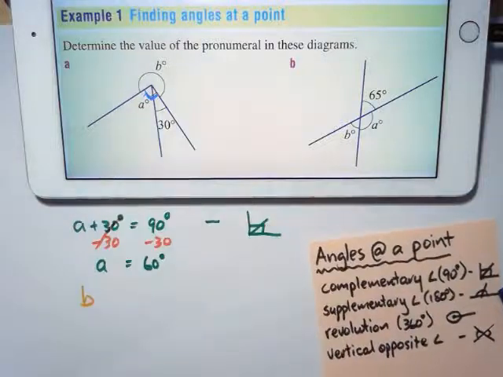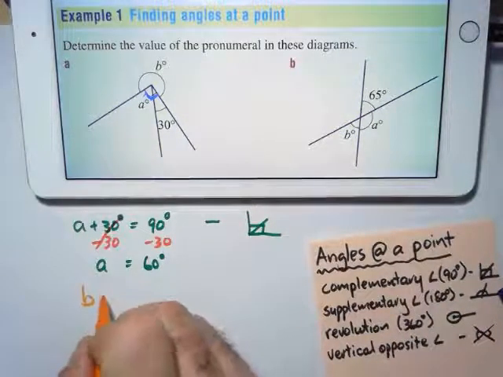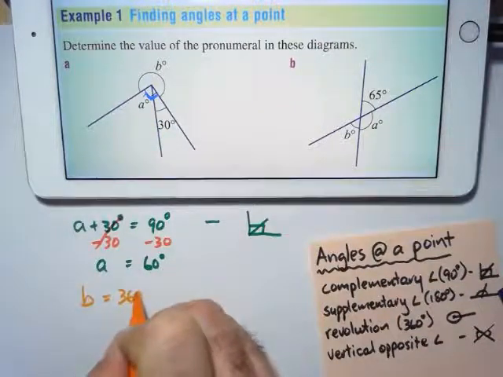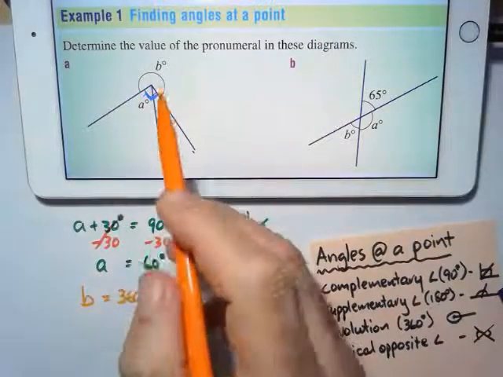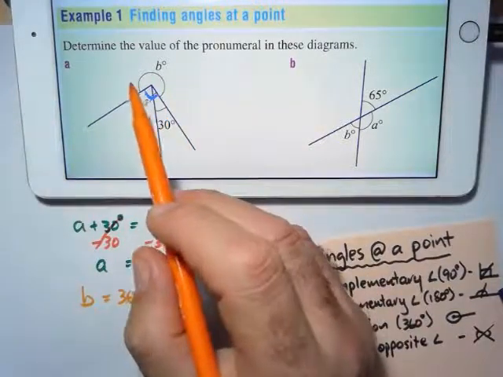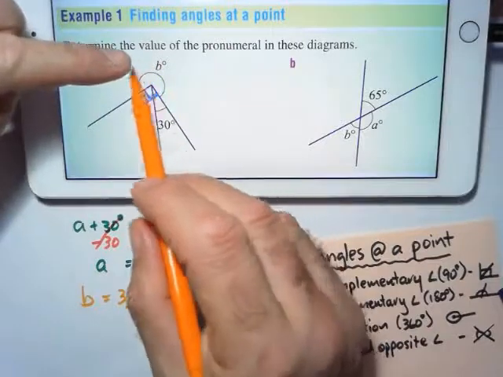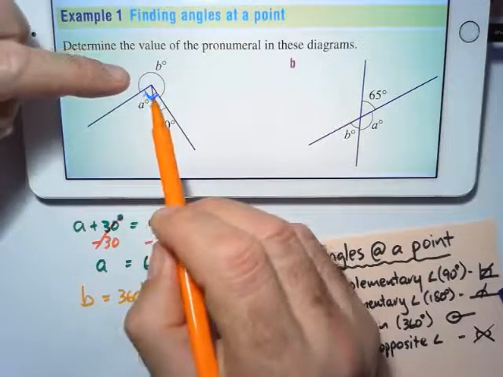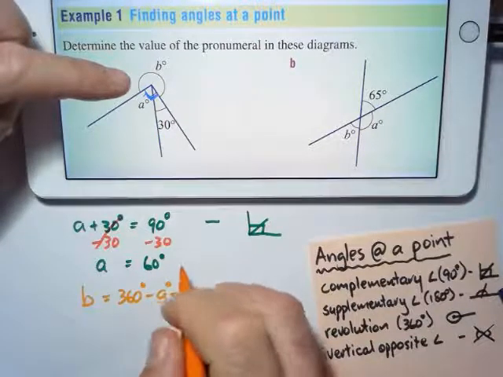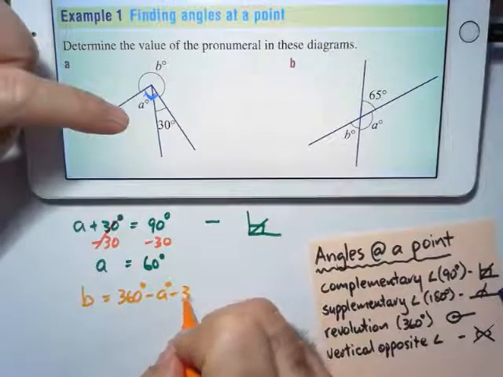So I can say that B will equal 360, and there's so many different ways to write it. You can say B plus 30 plus A equals 360, or you can say that this B value will be 360 degrees, take away A, take away 30. So take away A degrees, take away 30 degrees.